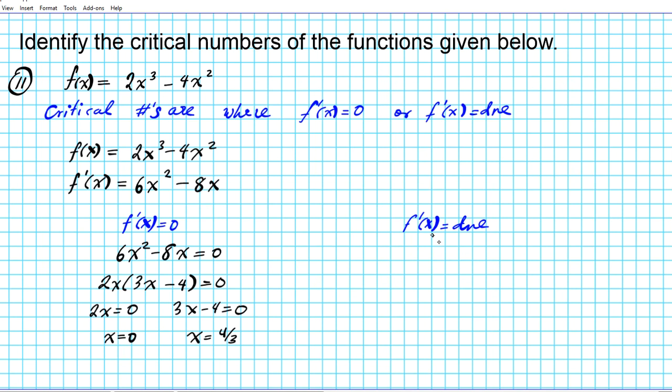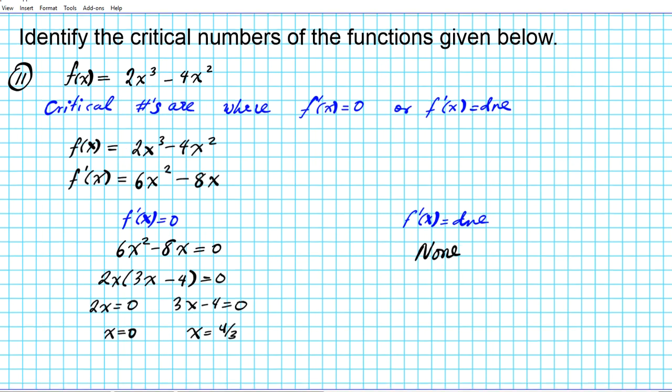Now to find where f prime of x equals DNE, you extract the denominator component of your function. This is a polynomial function, so we do not have a denominator component, which tells us the derivative is always defined. So what number satisfies f prime of x equals DNE? No value for this function satisfies this condition.